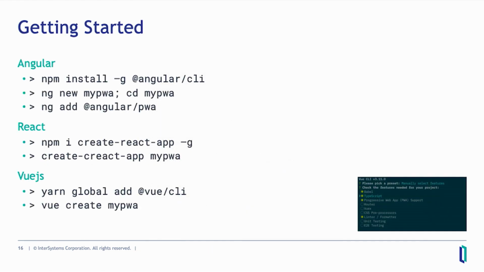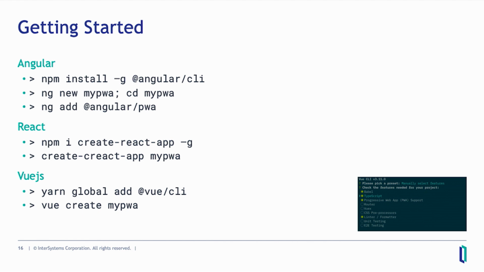Okay, so now let's get a little bit more technical to development. So here are the three most popular JavaScript frameworks, I think, that are in play right now for PWA development: Angular, React, and Vue.js. The idea behind this slide is just to let you know it's not too intimidating to get started building that boilerplate PWA.